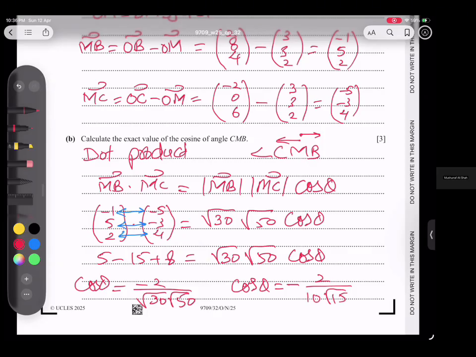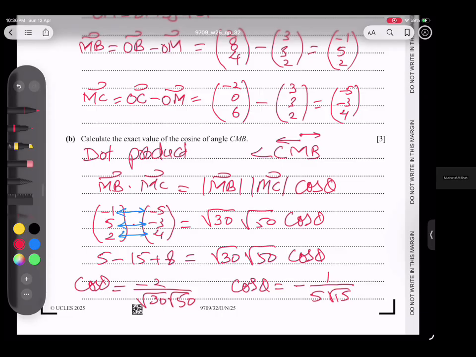And these 5s are the same, so both cancel out and I got negative 1 over 5. So 1 over 5 root 15. Let me recheck again. Yes, correct. So we got this cos theta value.